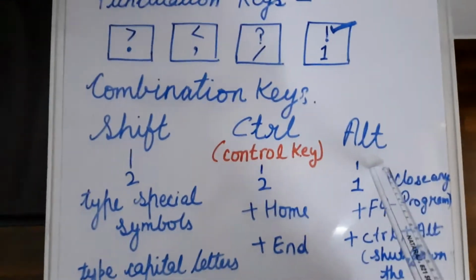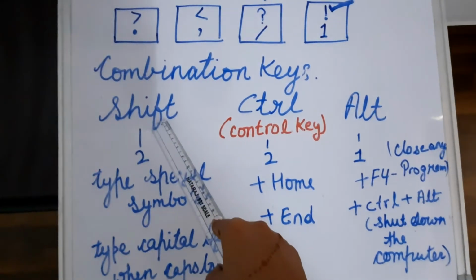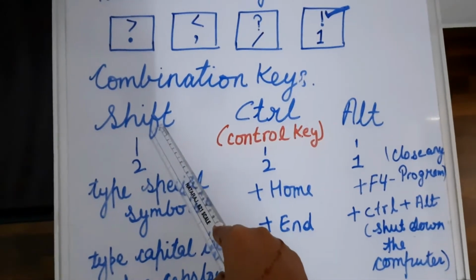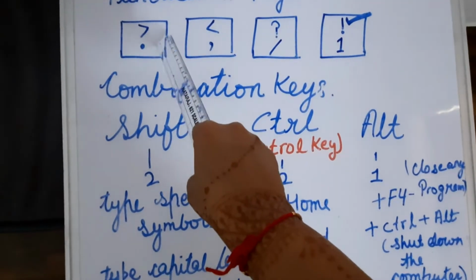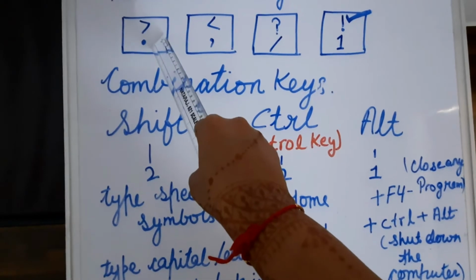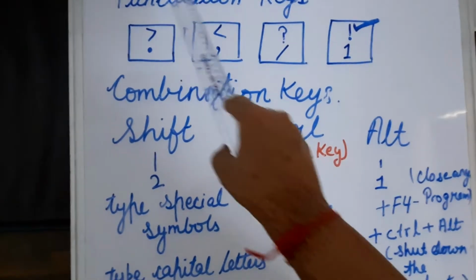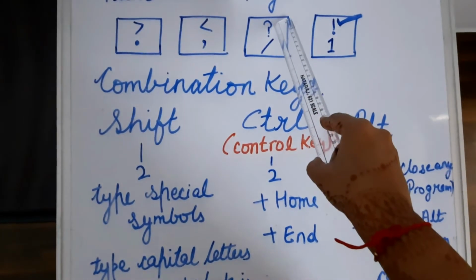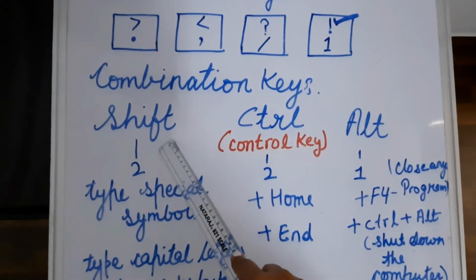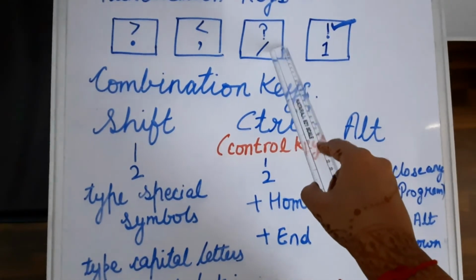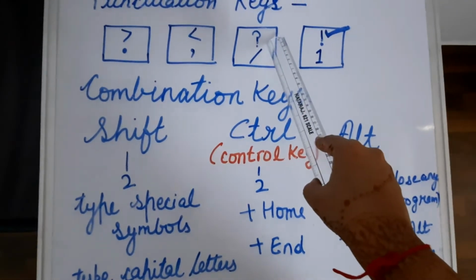Now, how do we use these in combination? We use the Shift key to type any special symbol which is written on the top of a key. Right? The bottom symbol we can type without pressing the Shift key, but if we want to write the symbol present on the top of the key, like a question mark, we have to press the Shift key, keep it pressed, don't leave it, and press the key with the question mark, and the question mark will be typed on the computer.